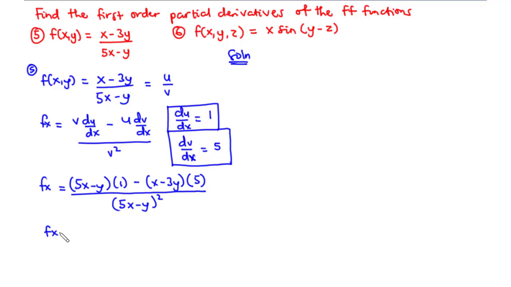So we have fx equals 5x minus y, and then here we have negative x times 5, so negative 5x, and then negative, negative, positive, so 3 times 5 is 15, so plus 15y, all divided by 5x minus y all square.